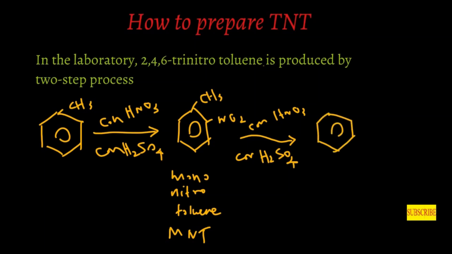Now I am drawing the structure of dinitrotoluene. Toluene is assigned with two NO2 groups like this. This one is known as dinitrotoluene, that means DNT.